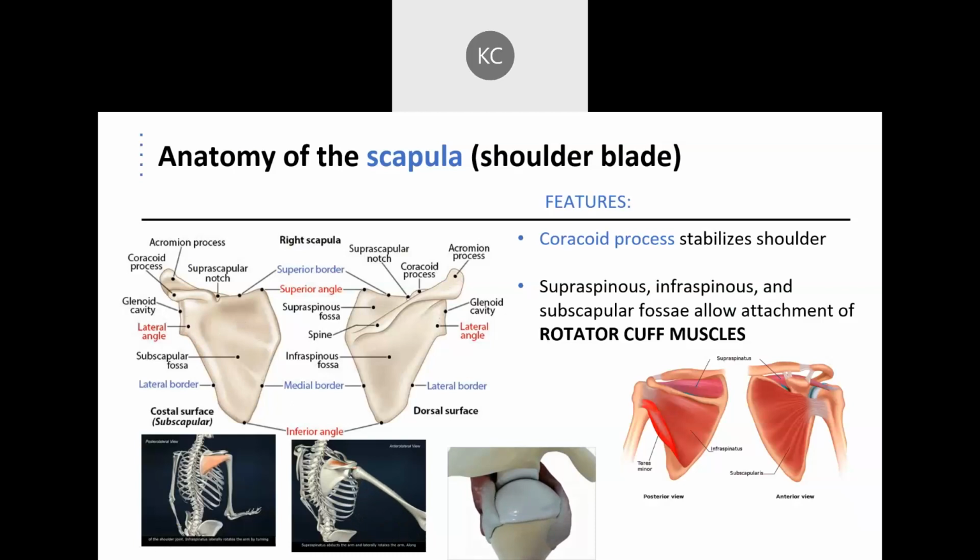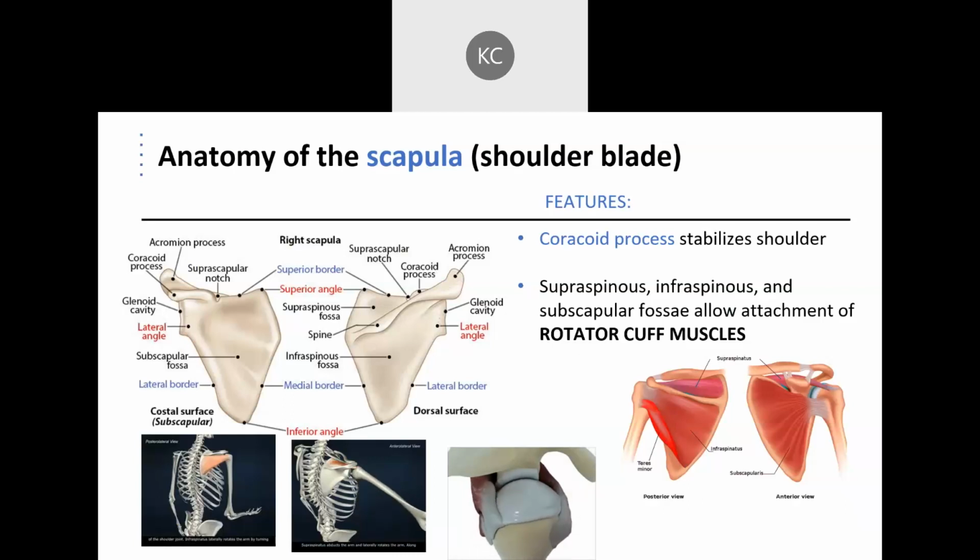The infraspinous muscle sits in the infraspinous fossa, and the subscapularis muscle sits in the subscapular fossa. All right. So those are three rotator cuff muscles. There's a fourth one that's called the teres minor, and it sits on the posterior and inferior aspect of the scapula, just inferior to the infraspinous muscle. And we'll look at these muscles in more detail in the lab whenever we get to them.